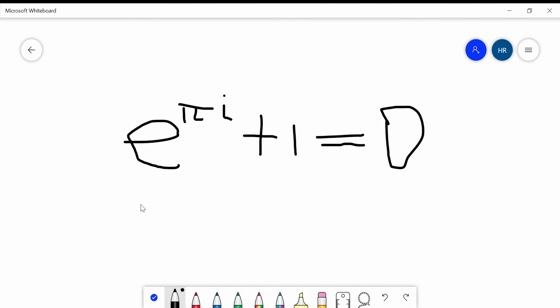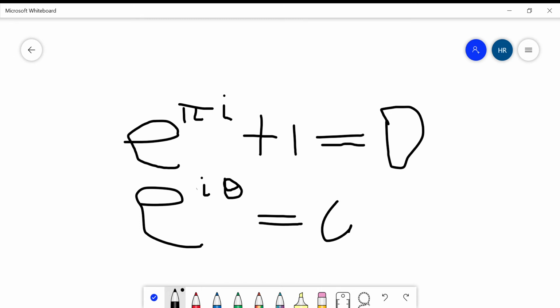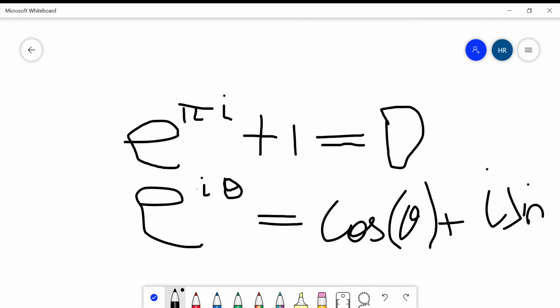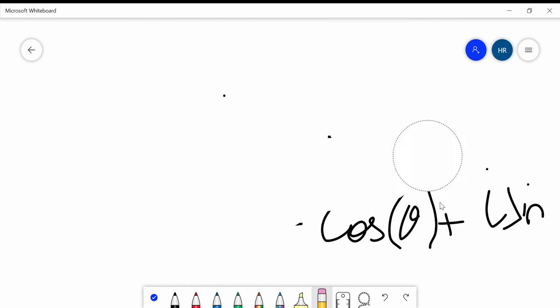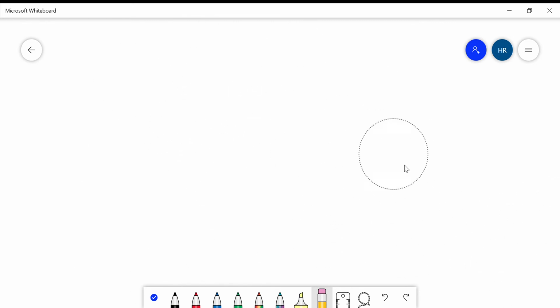So e to the i theta is equal to cos theta plus i sine theta. This is very annoying. One second, I'll just rub this out and give you guys the whole thing again.